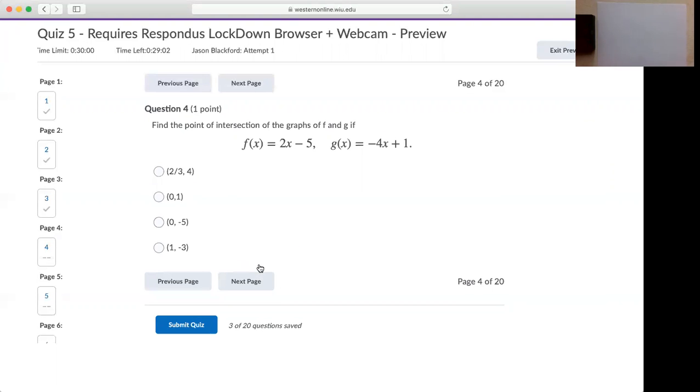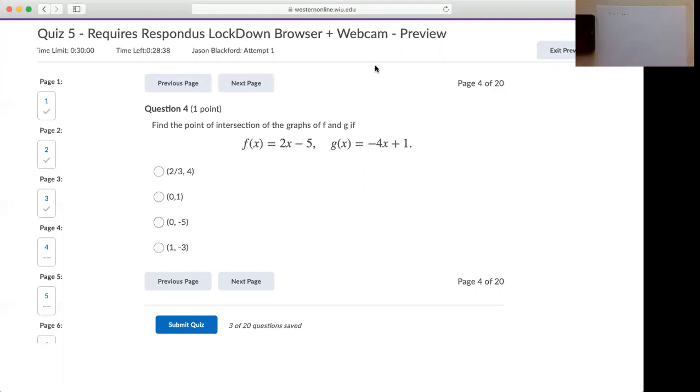Then we want to find a point of intersection between these two graphs, which are these two lines. We want to solve this equation: 2x minus 5 equals minus 4x plus 1.